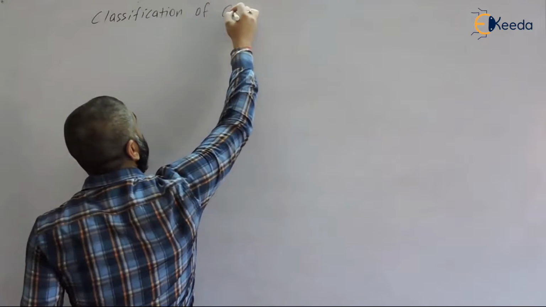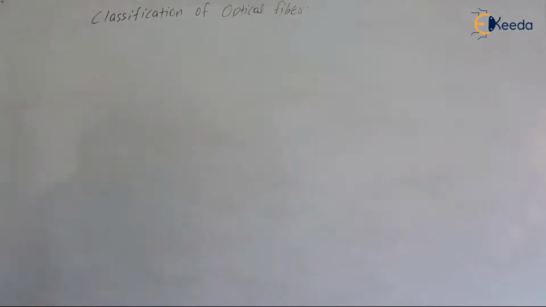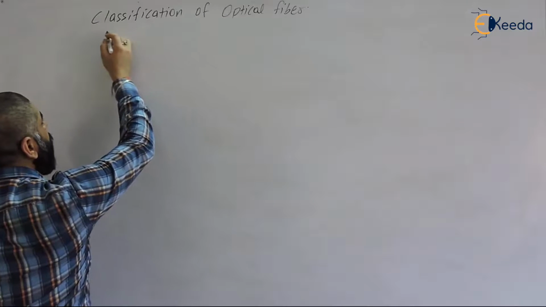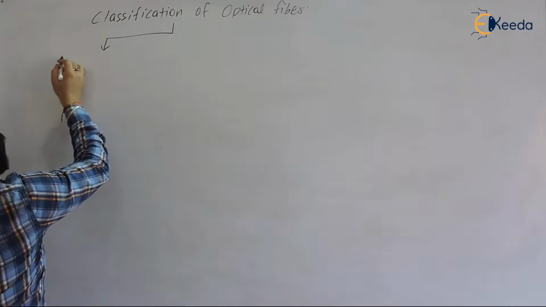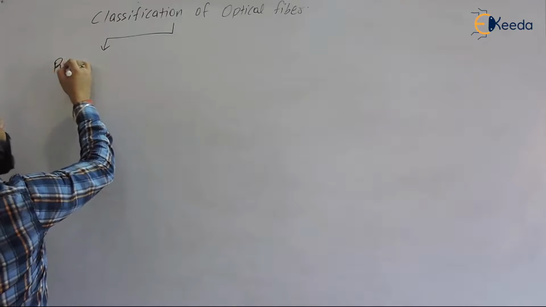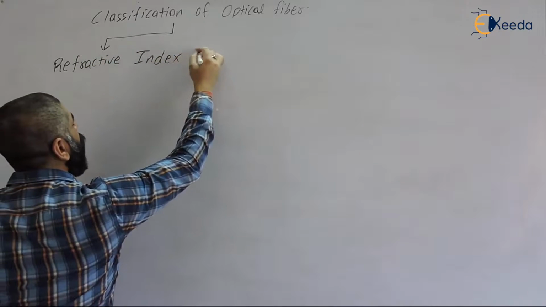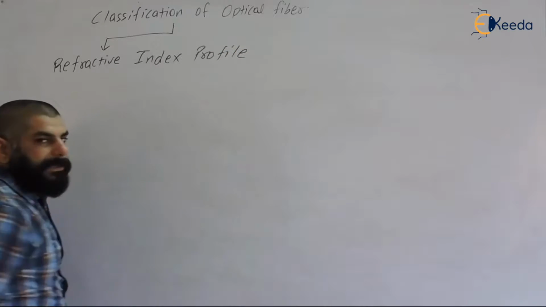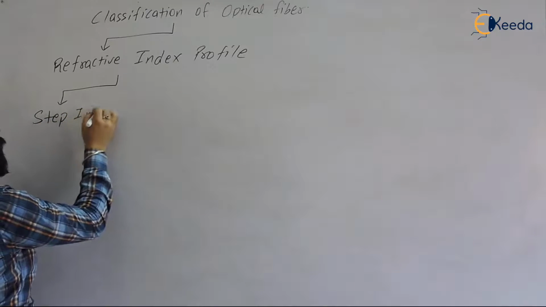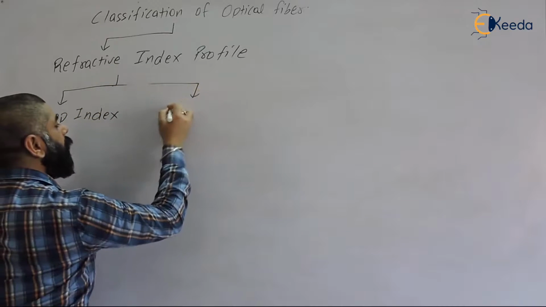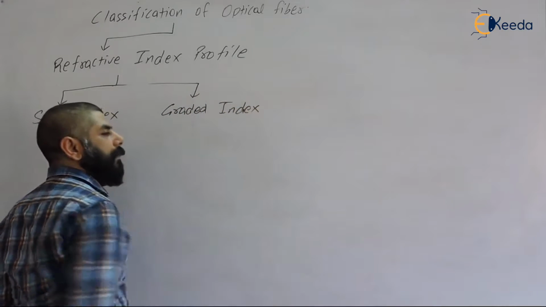We'll discuss the classification of optical fiber. If they are classified according to the refractive index profile, they are classified into two types, that is step index optical fiber and graded index optical fiber.